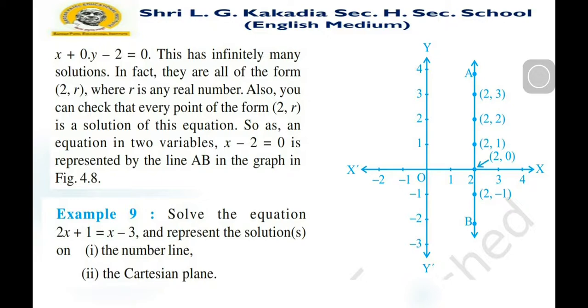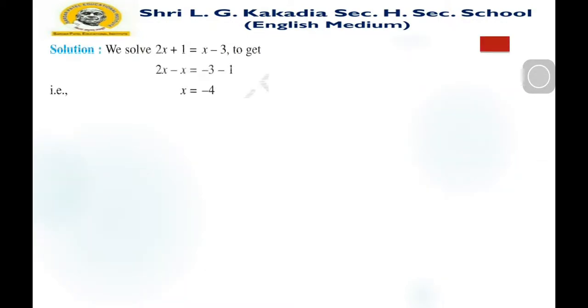Example number 9: solve the equation 2x plus 1 is equal to x minus 3 and represent the solution on the number line, because this solution can be presented on the number line or also in the Cartesian plane. So let us solve 2x plus 1 is equal to x minus 3.